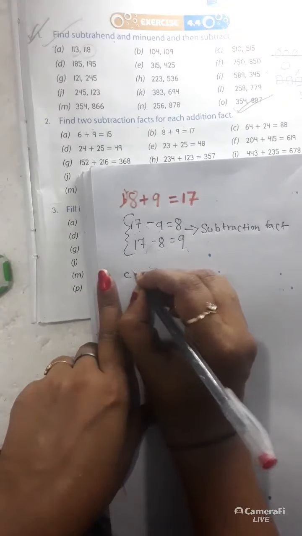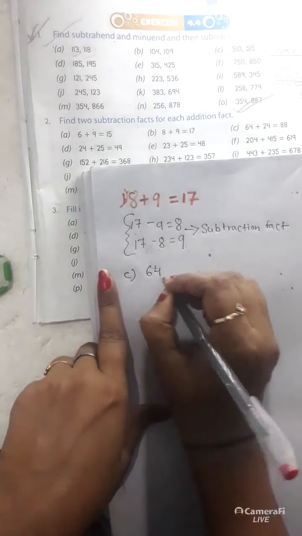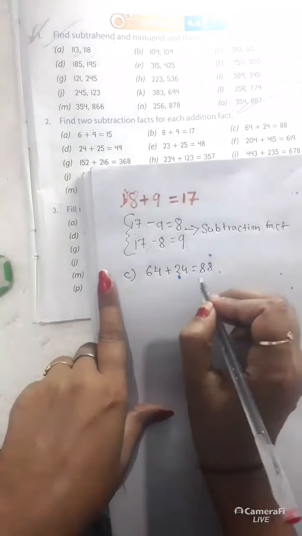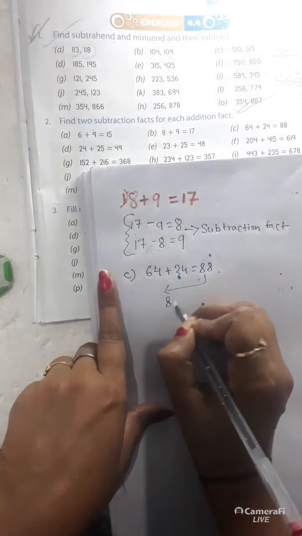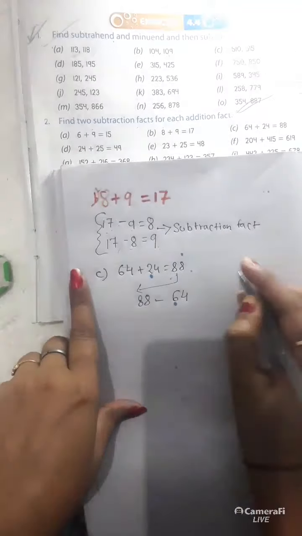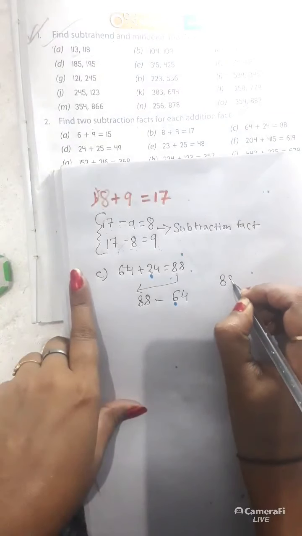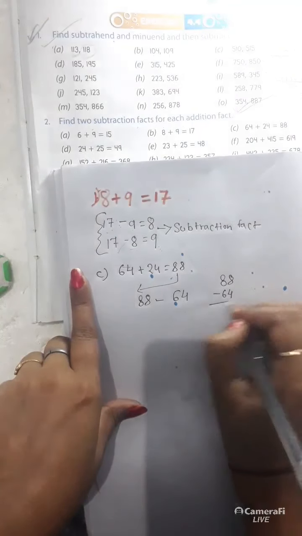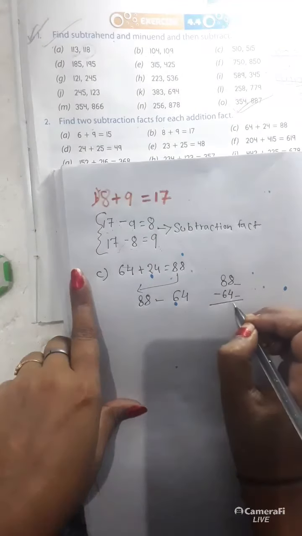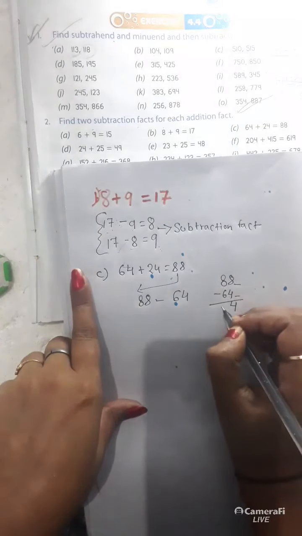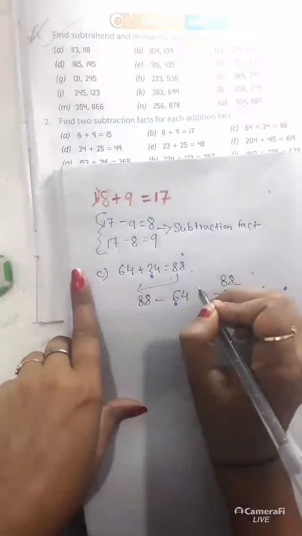Now the next one, number C, is what? 64 plus 24 is equal to 88. Very easy, children. I will take first this one, 88 minus 64. If we subtract it, 8 minus 4 is what? Of course it is 4, and 8 minus 6 is 2. Okay.